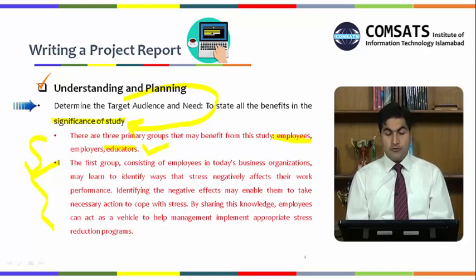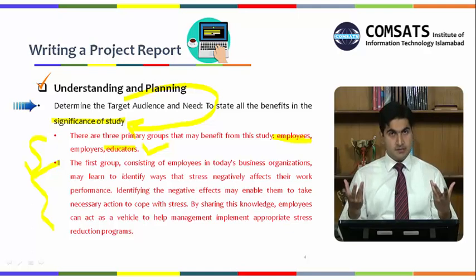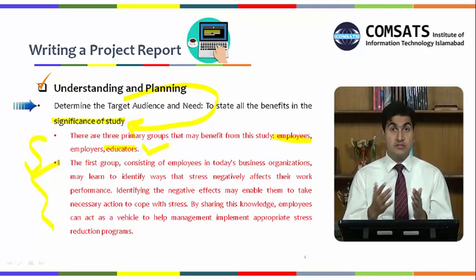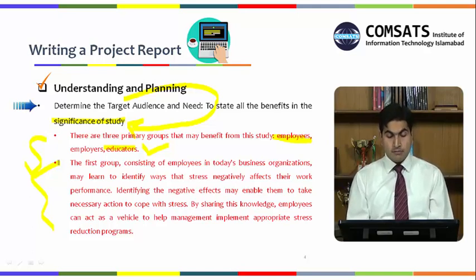Identifying the negative effects may enable them to take necessary action to cope with stress. They have to take some actions once they know these are the things which are being affected by stress negatively. And by sharing this knowledge, employees can act as a vehicle to help management implement appropriate stress reduction programs.